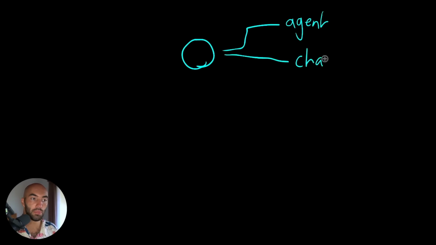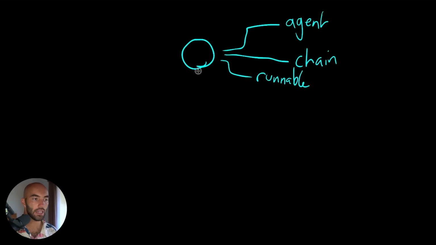So you have your initial starting point. That could be anything. Well, it's a function, some sort of runnable function. So that could actually just be an agent, or it could be a chain, or some other runnable function.